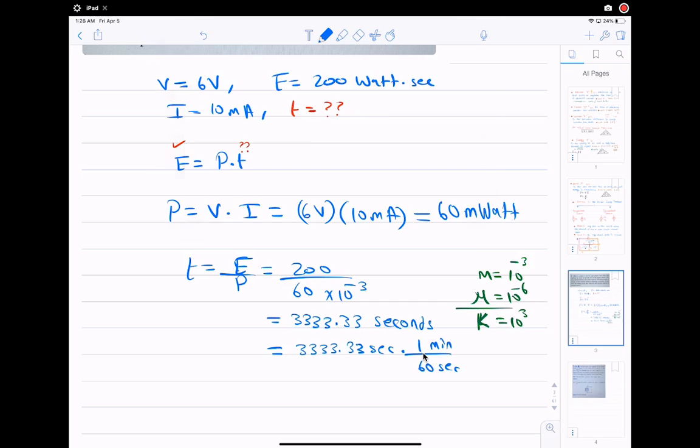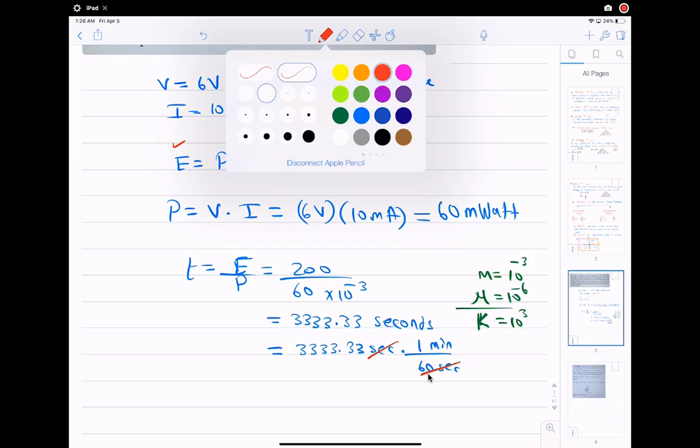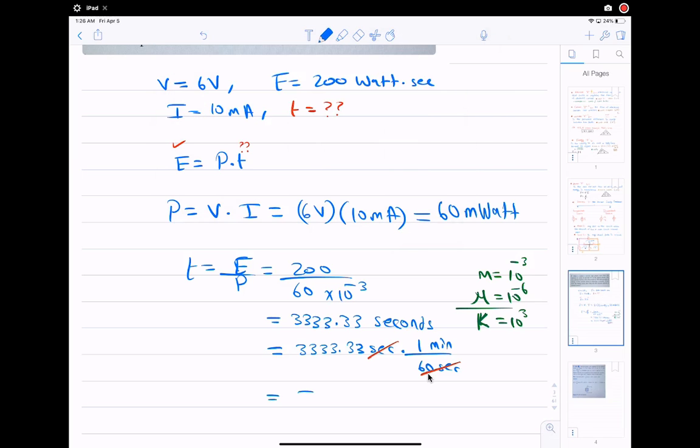This way you cancel out the seconds and then you're left with 3333.33 over 60. If I divide this over 60, you will have 55.555. This approximates to 55.6 minutes. Okay, so that's a little bit less than an hour.